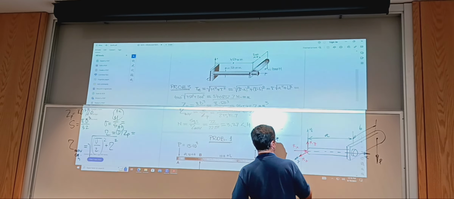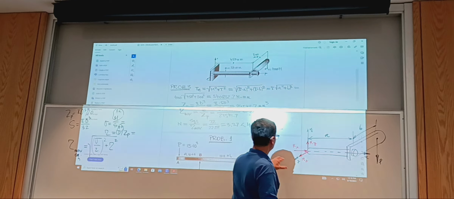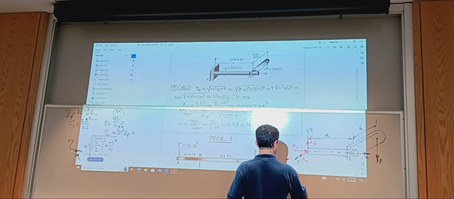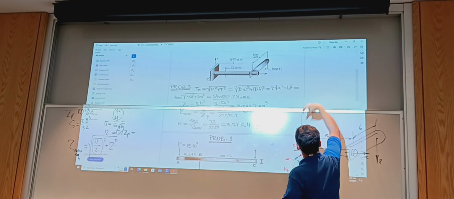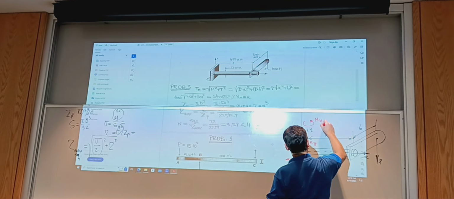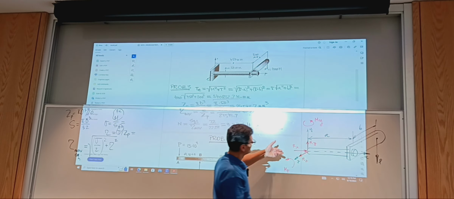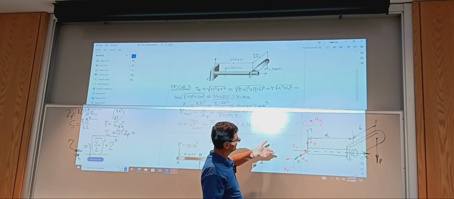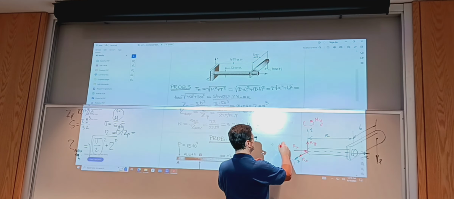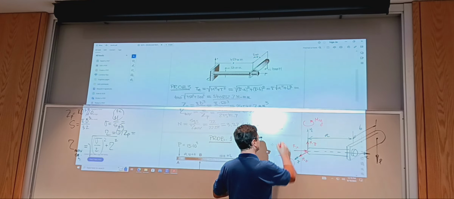Anyway, assuming also positive directions, a positive moment about Z would be in this direction. A positive moment about Y would be oriented this way. And then I have a moment about X. To make it positive, we have to go negative positive, so I need to show it as MX.